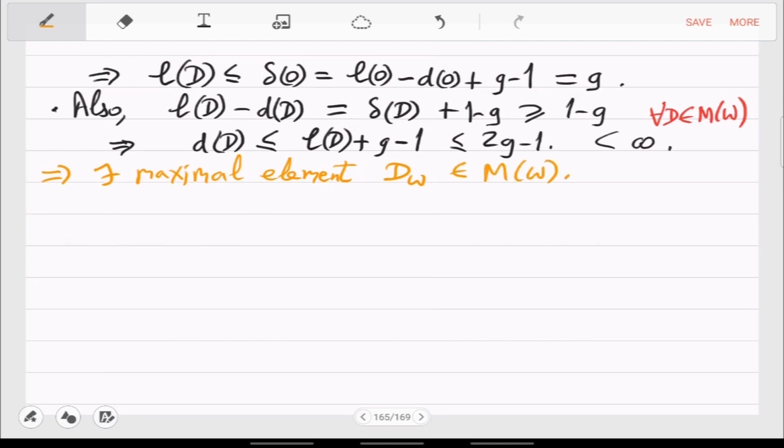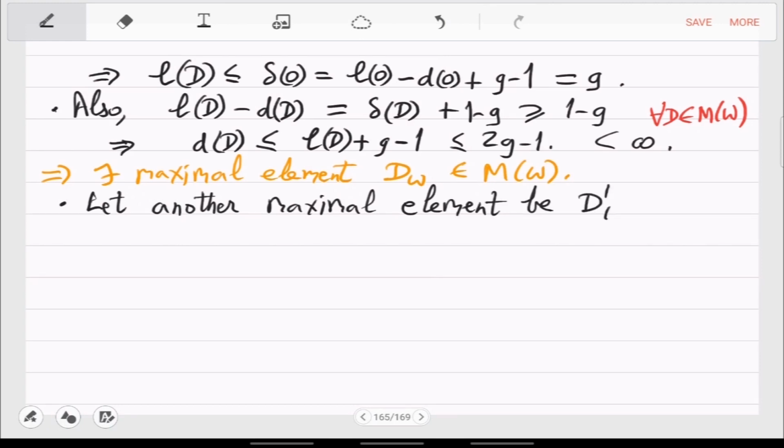So that completes one part of property 1, that there is a maximal element that's defined, let's call it D sub omega. Why is it unique? We could have taken two different paths, two different chains. So the second could be D prime omega. So now what should we do?